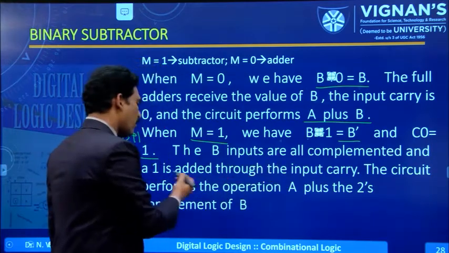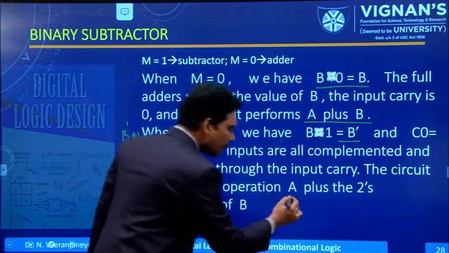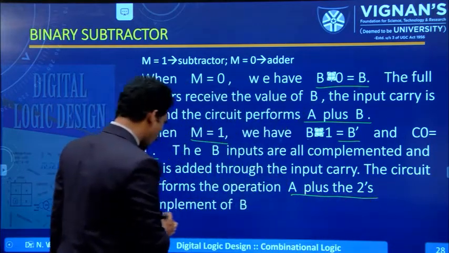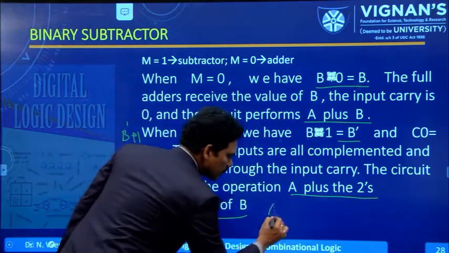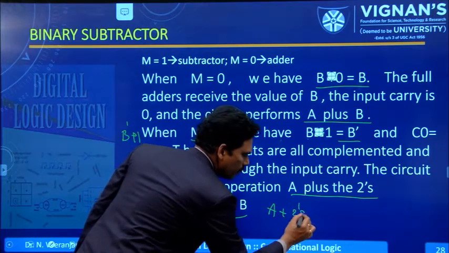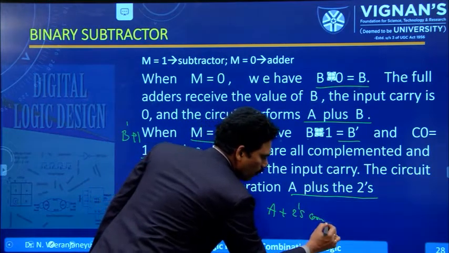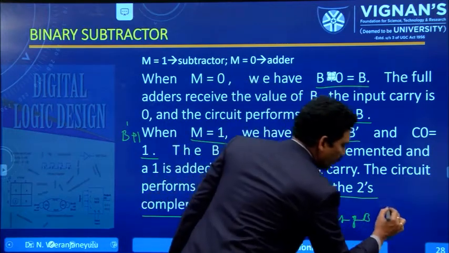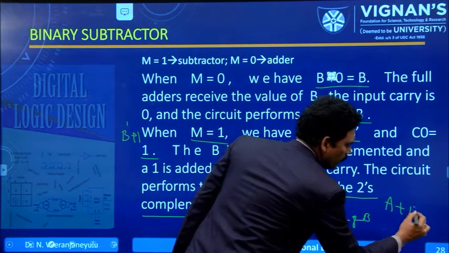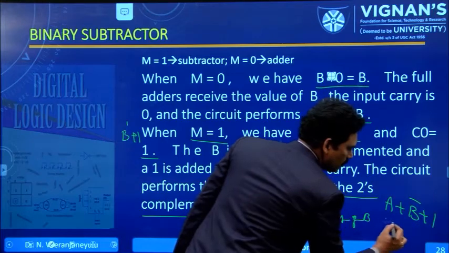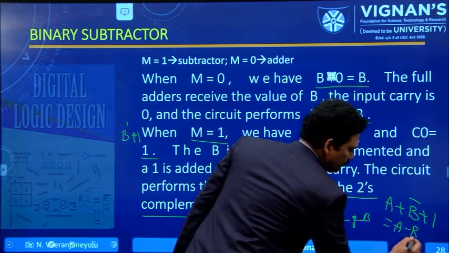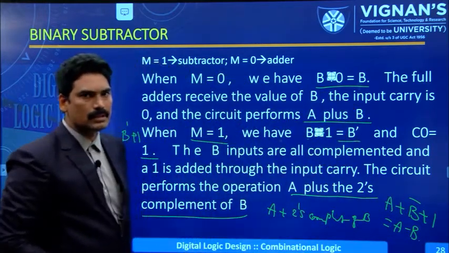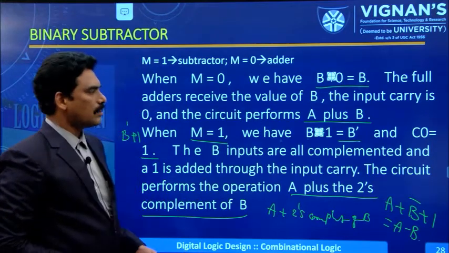The circuit performs the operation A plus 2's complement of B, that is equal to A plus B bar plus 1, that is equal to A minus B. This is subtraction. It acts as a subtractor.